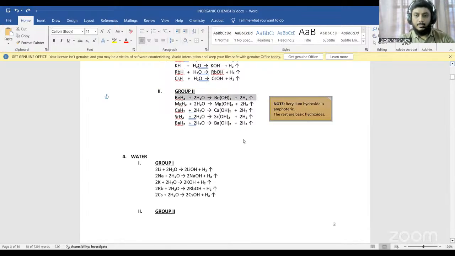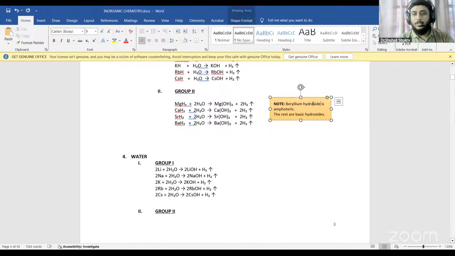Beryllium oxide and beryllium hydroxide are amphoteric. Amphoteric means it can act as acid and base both, right?